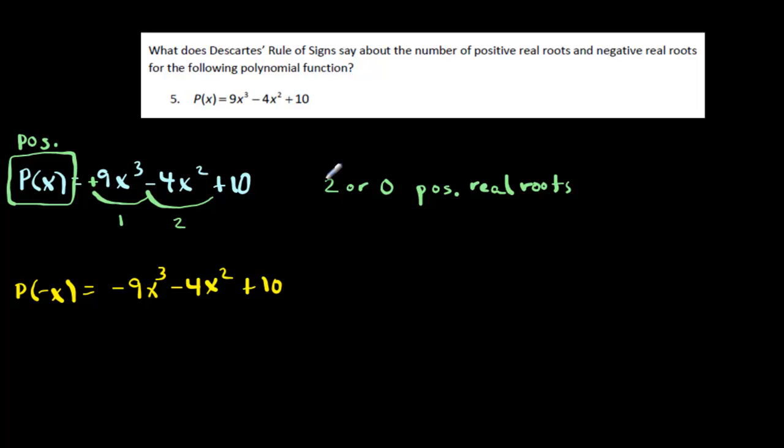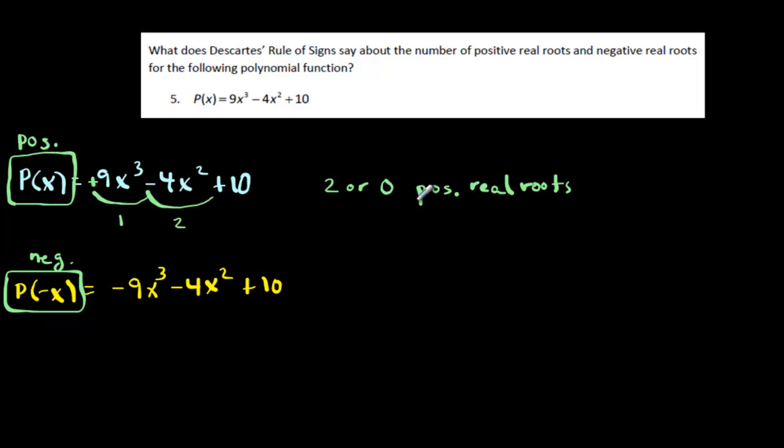So if I decrease 2 by that even number 2, you get 0. Another example might be if you have 6 sign changes, then you could have 6, 4, 2, or 0 positive real roots. This one over here, the p of the opposite of x, tells you the negative.